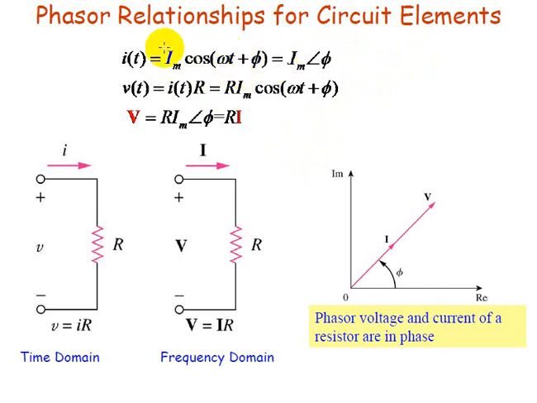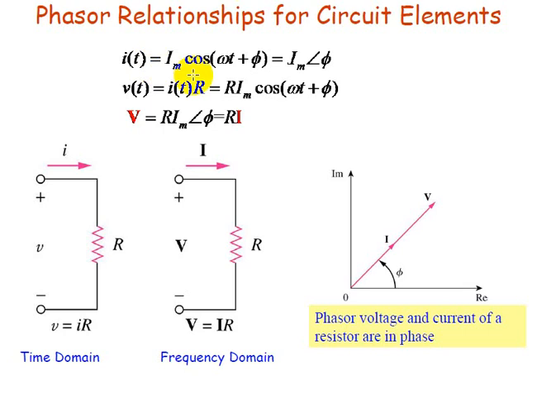I believe you know the conversion from time domain to frequency domain from the previous lecture, which will help you understand this conversion. I'm not going into more detail about it. If you have any confusion, just follow the notes of the previous lecture.